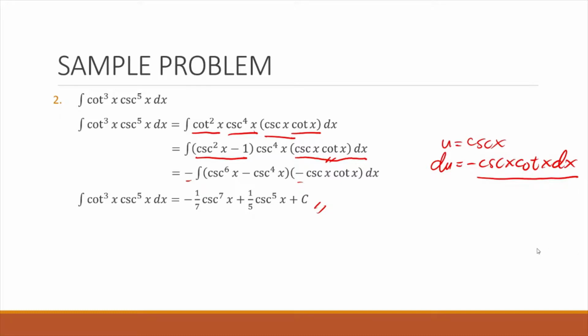Alright, so next subcase for powers of tangent and secant, and powers of cotangent and cosecant.